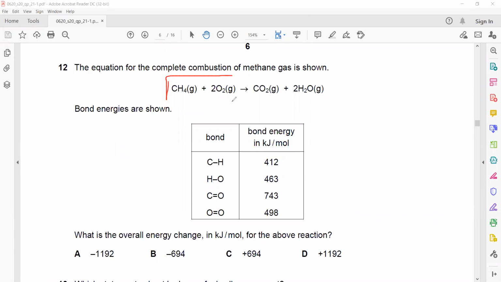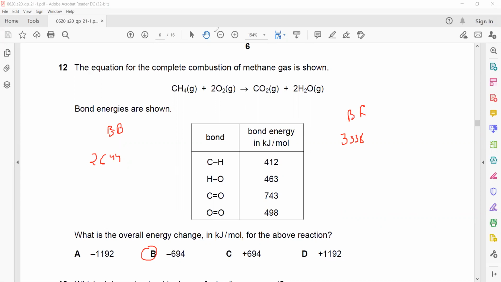The reactant side is always the bond breaking side and the product side is bond forming. Sometimes students get confused: look, bond breaking energy was 2644 and bond forming energy is 3338, and when you take the difference, it comes out as minus 694, bond breaking minus bond forming.